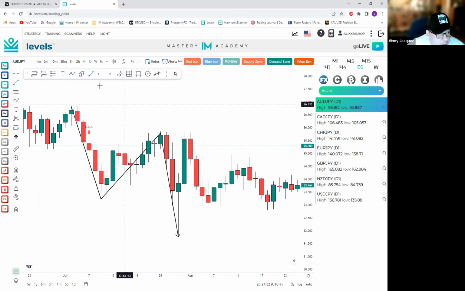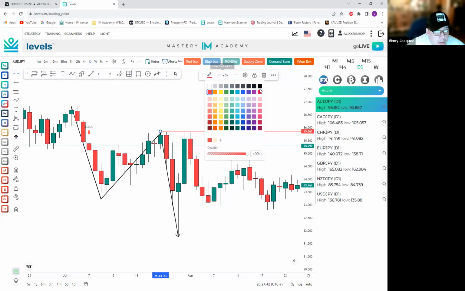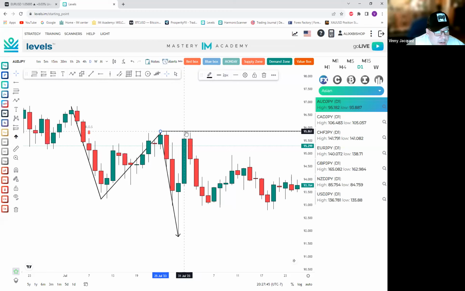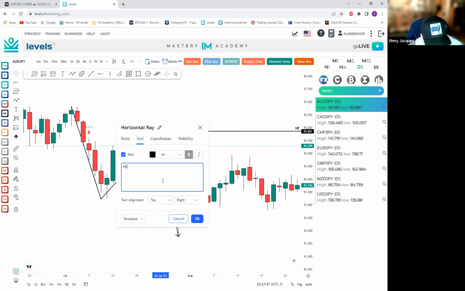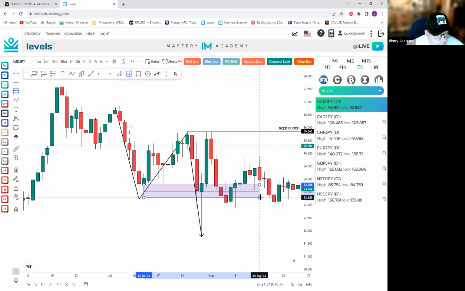It's right here. Boom. Market has to break and close above that in order for me to be like, okay, market wants to continue buying. We need change of character. As soon as market breaks and closes above that, we can go ahead and look at this zone for buys. And this zone right here will be my stop.